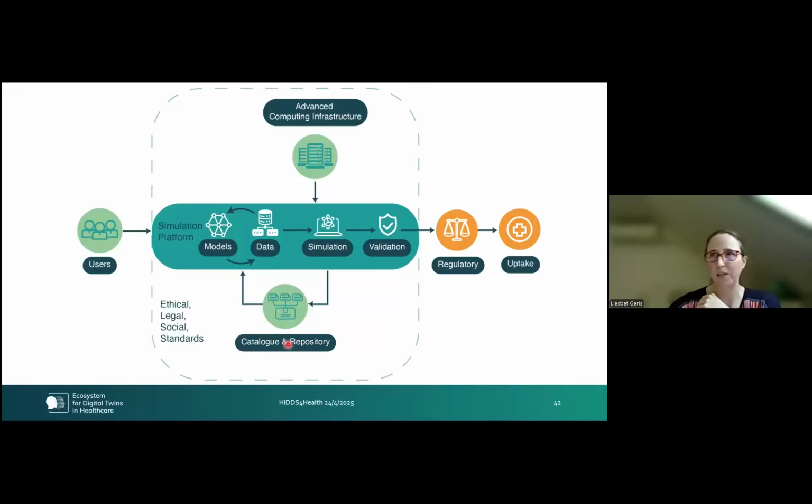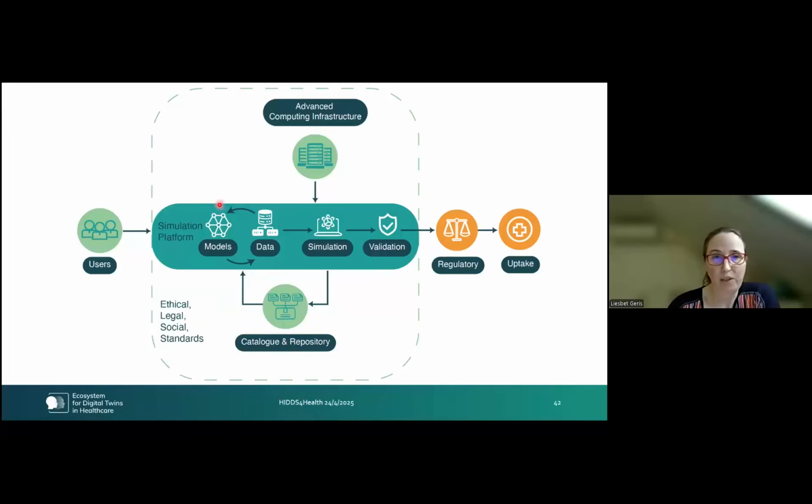If we're looking at the European health data space in the future, well, this catalog would then be telling you, well, the EHDS has a data set and you can access it in this way.